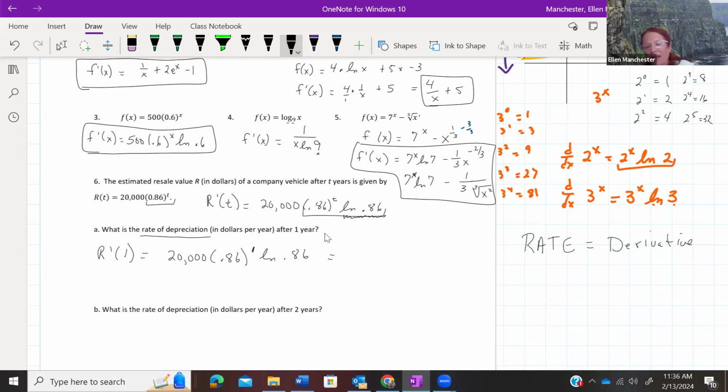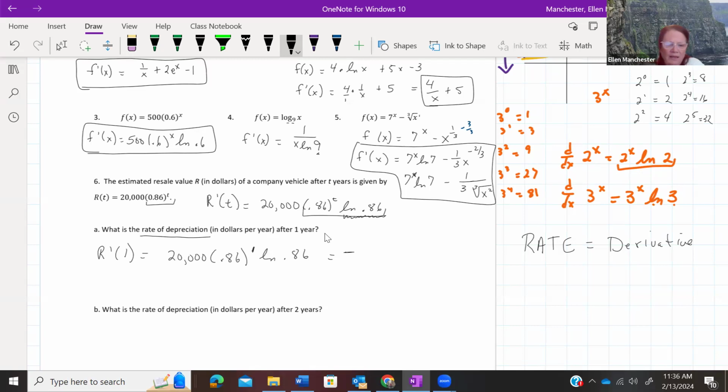So you have to have a calculator for this. Okay, there's no way you can do this without a calculator. So you're going to literally, because it's all multiplication, just plug it in straight through. So I'm going to go 20,000 times 0.86 raised to the first power, which is just 0.86, times ln of 0.86, and then close my parenthesis.